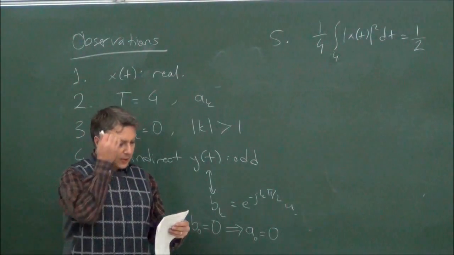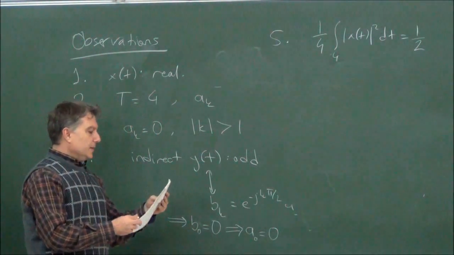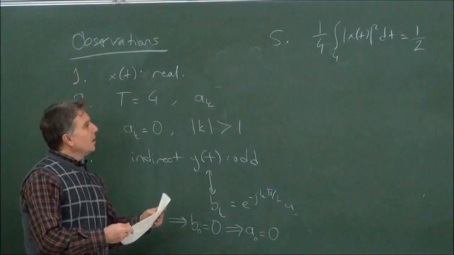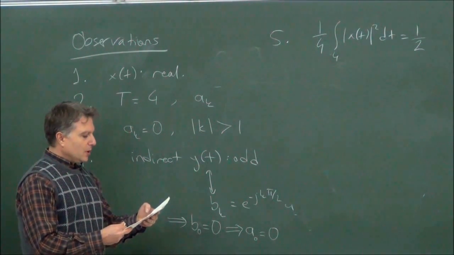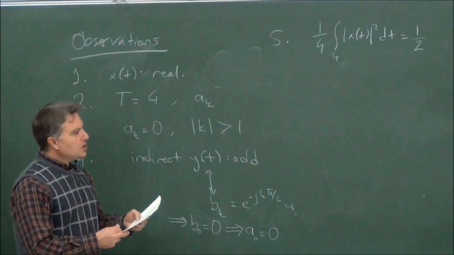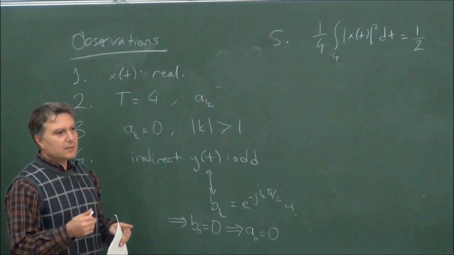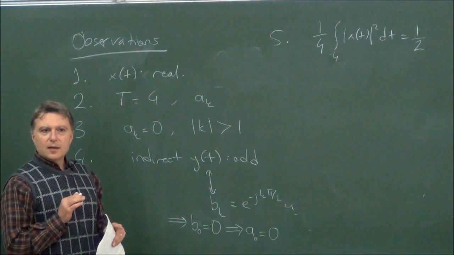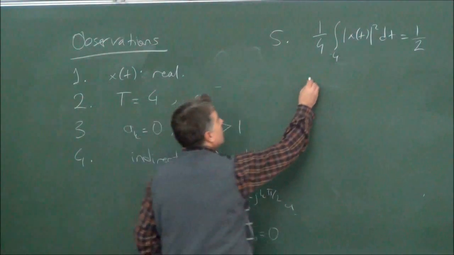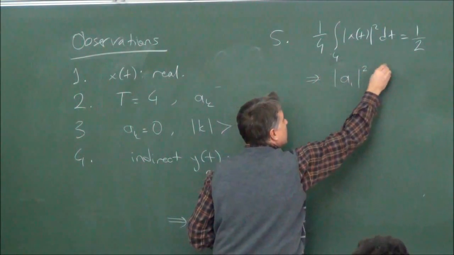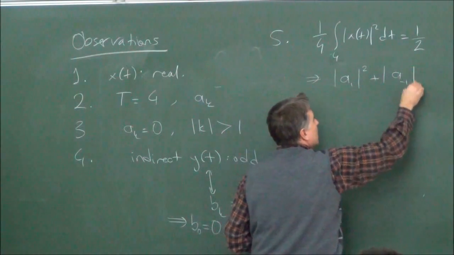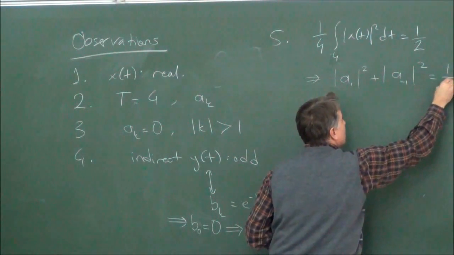And from Parseval's theorem, we know that that power is automatically equal to the summation of the magnitude squared versions of the Fourier series coefficients. So A1 square plus A minus 1 square is equal to 1 over 2.